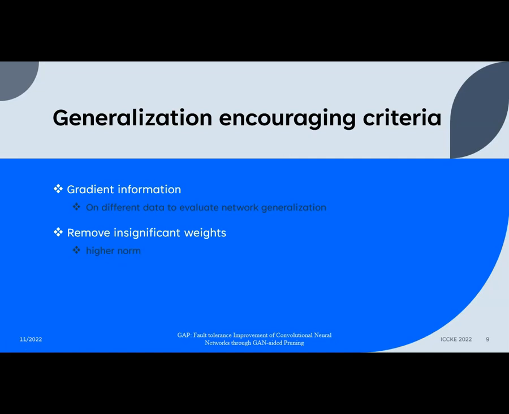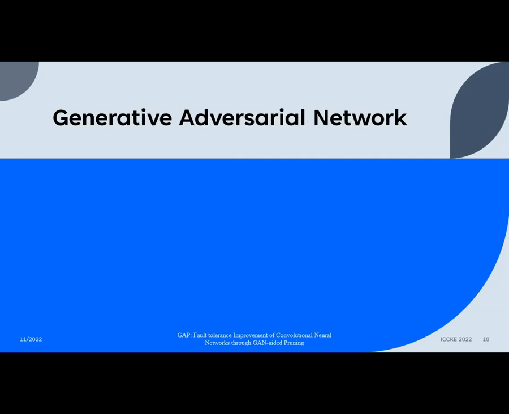So the higher the norm of the gradient of an element, the less generalization that element could bring to the model.